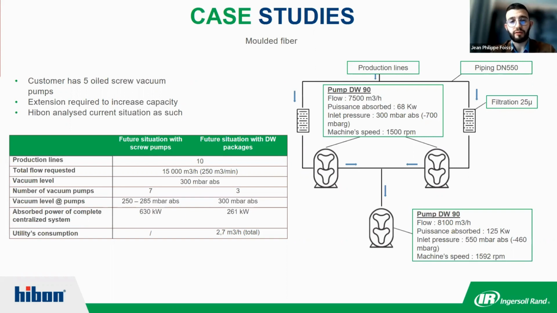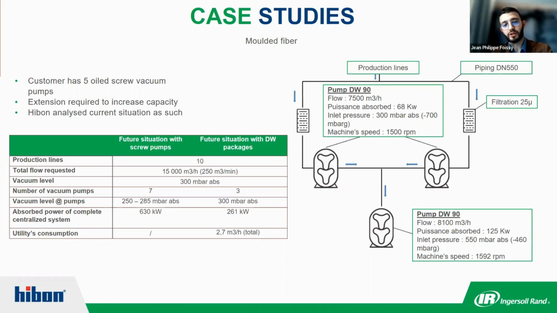And we have a delta P, so delta pressure between inlet and outlet, of 250 millibar, so really low delta pressure, because we are just using those machines to handle the flow. And thanks to the compression ratio, we are decreasing the flow at outlet.